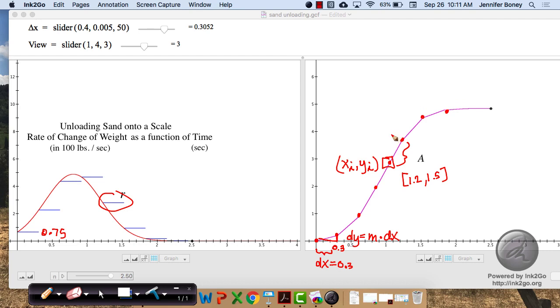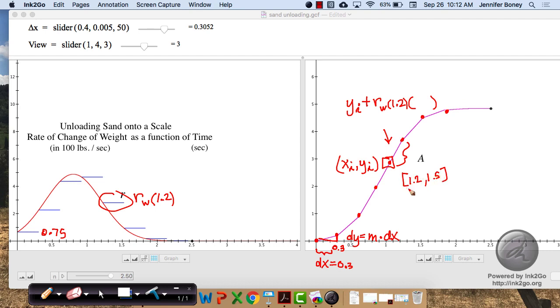For any point within this interval, I'm going to have a y value, my accumulation, and then I'm going to add to that at a rate given by this rate here, r sub w of 1.2, times how long I use it for, which doesn't have to be the full 0.3. It could be anything between 0 and 0.3.